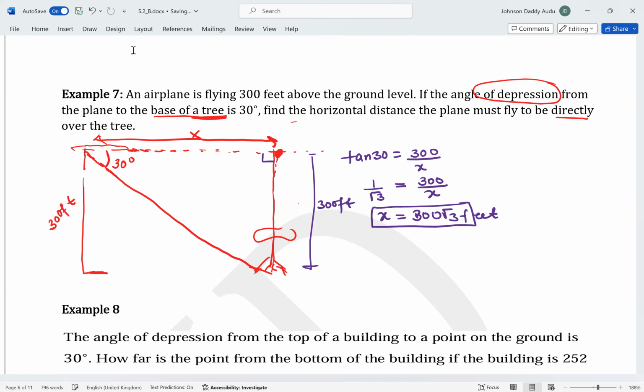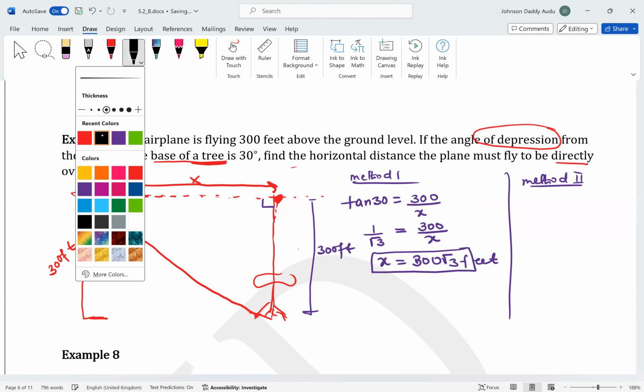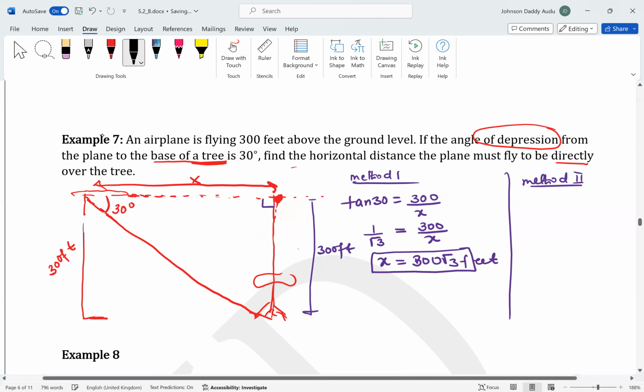Now, another way: this is the first method, let's say method 1. If you want to use method 2, let me use a black pen here.